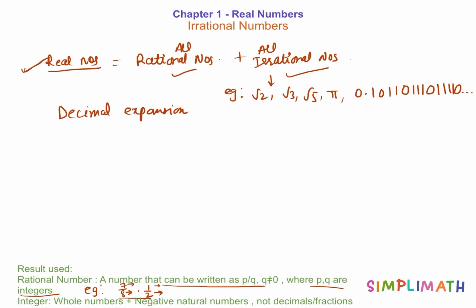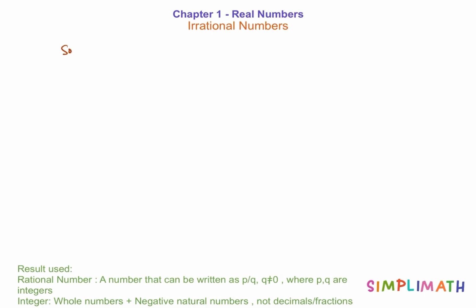If we are given a real number and we find its decimal expansion, we will understand from that if it is a rational or an irrational number. So, if we divide p by q, where q is not equal to 0, there will be two cases.